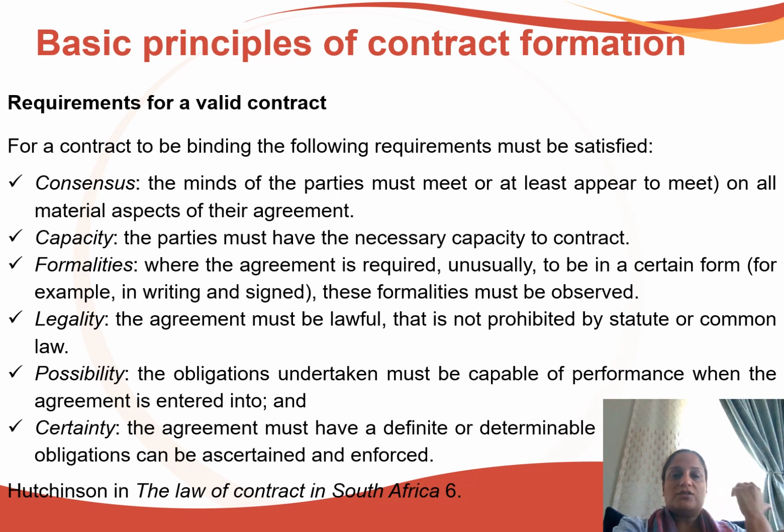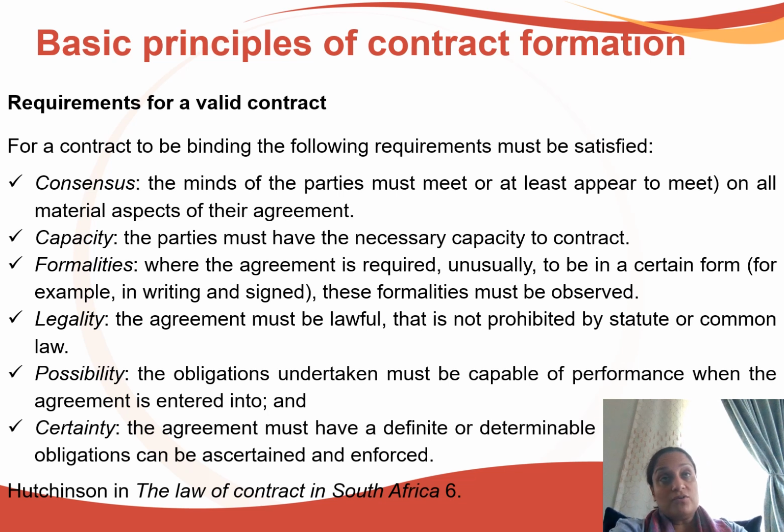So what is it that you need for a basic principle of contract? This is way back from your law of contract days. You need consensus, a meeting of the minds. Of course, parties must have the capacity to act. You have to be 16 and older in South Africa, might be different elsewhere. You need to fulfill the requirements, and some contracts require them to be in writing, for example, when you're buying land.